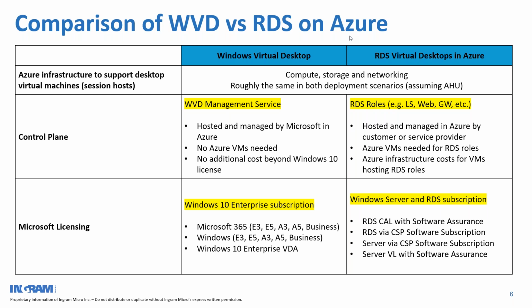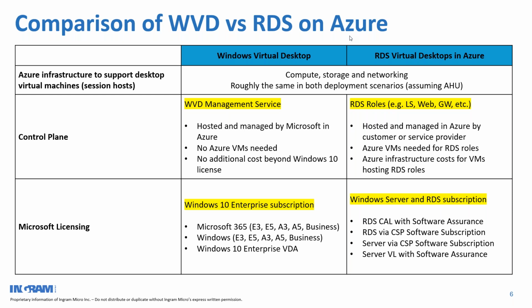Things such as licensing server, gateway server, web server, all these things have to be created and managed by the customer or the partner who's running it on Azure. You definitely need virtual machines to deploy these roles. You need Windows Server operating systems for it. And since you're using virtual machines with Windows Server, you also need to license these Windows servers as well.